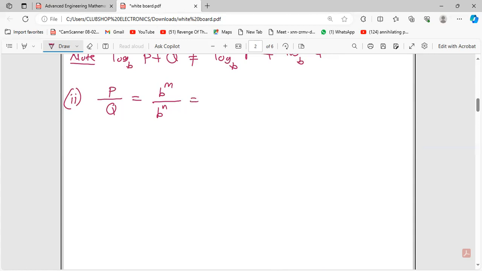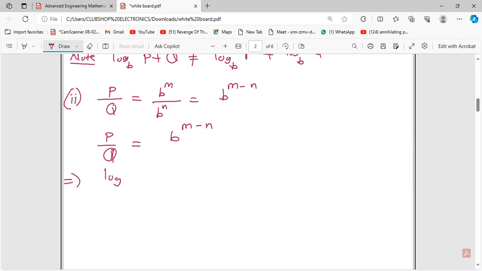So this is the same as B to the power M minus N. So we have P over Q is equal to B to the power M minus N. This is an exponential form, so we can change to log form.